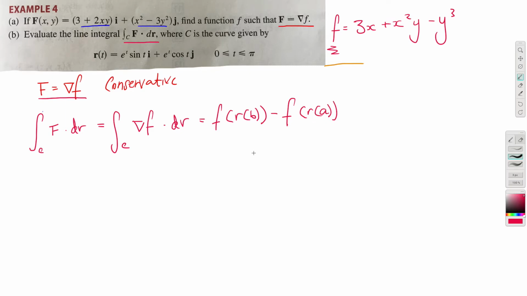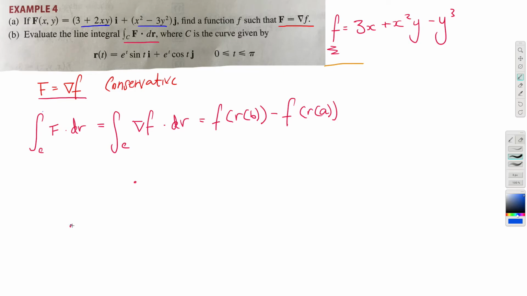Let's just explain something here. We've proved that it's conservative. So that means that our line integral is going to be the same no matter what the curve is. Here are 2 points. See, we're subtracting one point from the other.